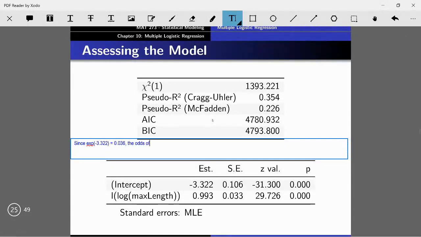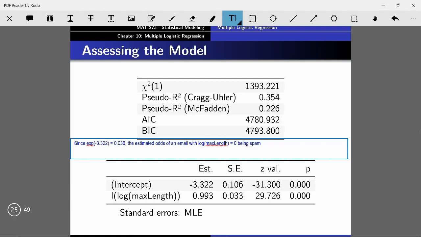the estimated odds of an email being spam of an email with log max length... Okay, so the intercept term corresponds to the predictor variable being 0.